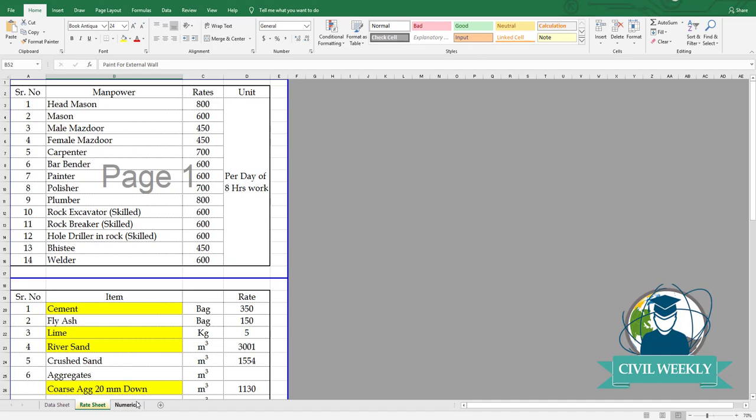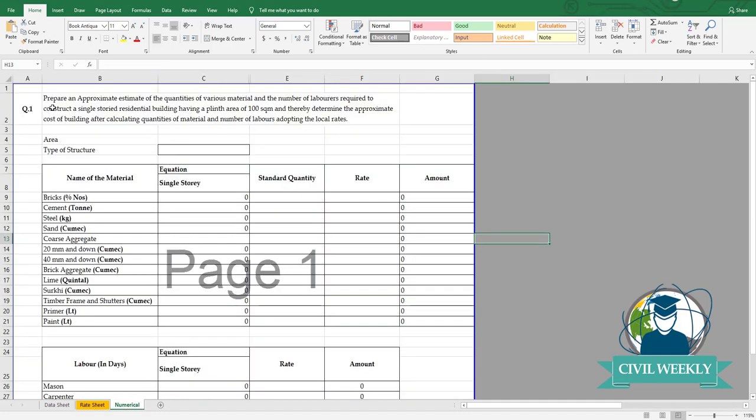So the numerical we will take states: prepare an approximate estimate of quantities of various materials and the number of laborers required to construct a single story residential building having a plinth area of 100 meters square. Thereby determine the approximate cost of the building after calculating the quantities of material and the number of laborers.